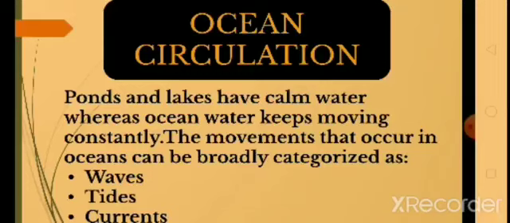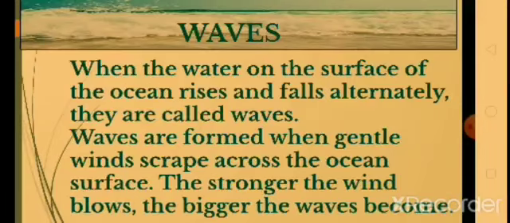Waves are formed when the wind moves across the ocean surface. So, children, when the water on the surface of the ocean rises and falls alternately, these are waves.